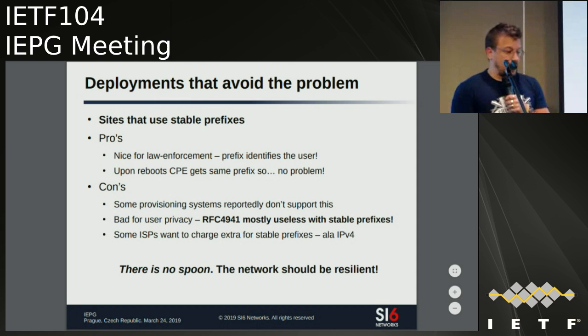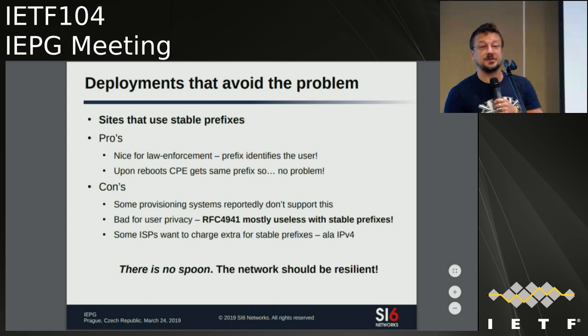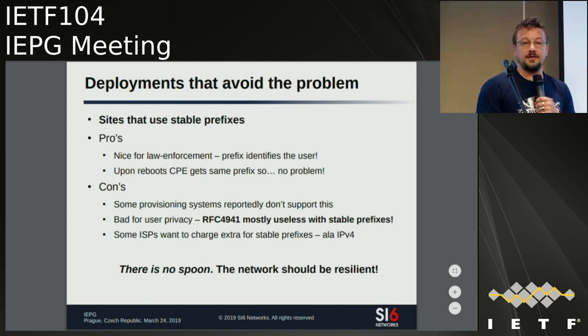Well, there are pros and cons. For example, it's nice for law enforcement because if the user always gets the same prefix, it's easier to track the user. On the other hand, it's not nice for privacy because even if you do, for example, temporary addresses, that's kind of in vain because you change the interface ID, but the prefix is always the same. So you can be tracked with a prefix.